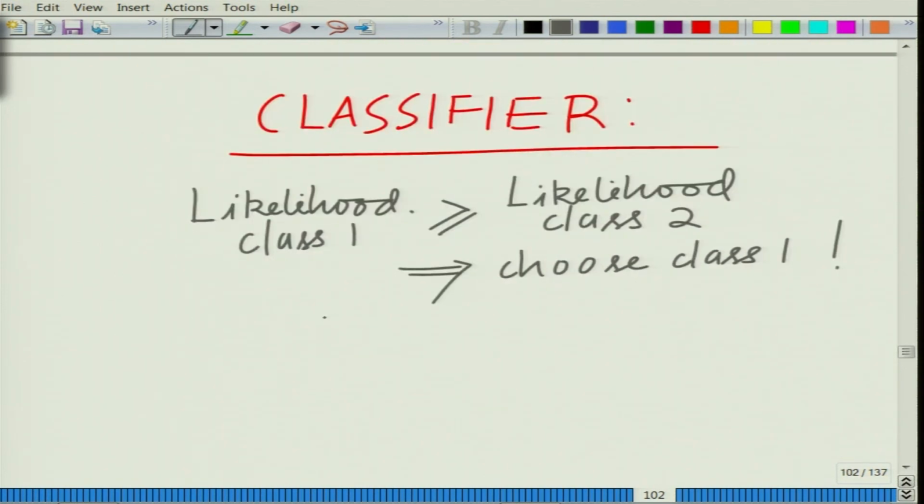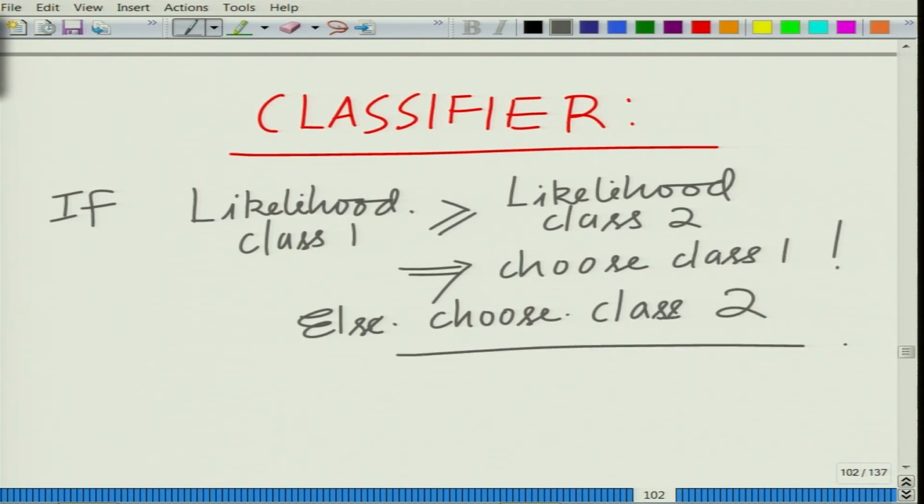Else choose class 2. So we can write it: if the likelihood of class 1 is greater than or equal to the likelihood of class 2, choose class 1, else choose class 2. This is your simple classifier. You compare the two classes.